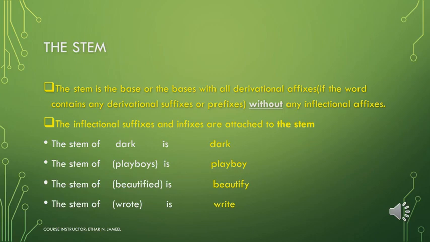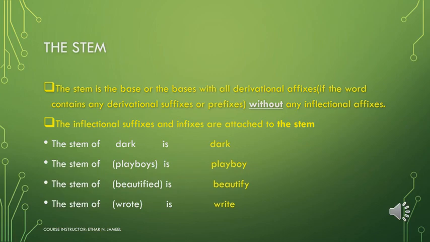If you want to know whether an affix is derivational or inflectional, you have to memorize the 9 inflectional affixes. If the affix is not one of those 9, it is derivational, because we have only 9 inflectional affixes in English. So fi is not one of the 9 inflectional affixes. That is why it is derivational. What about ed? Ed is inflectional because it is one of the 9 inflectional affixes.